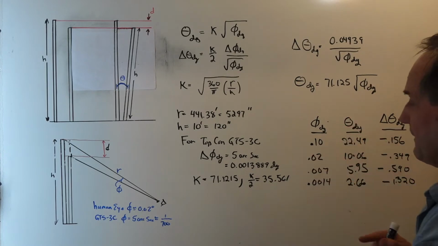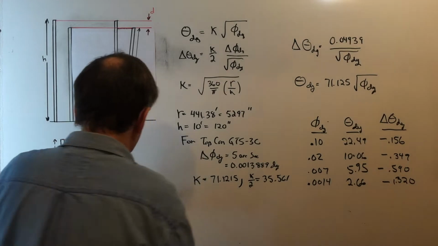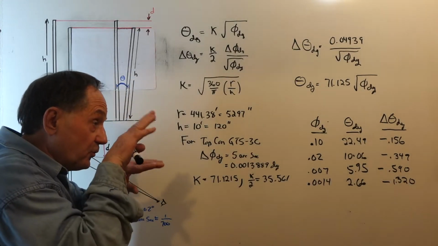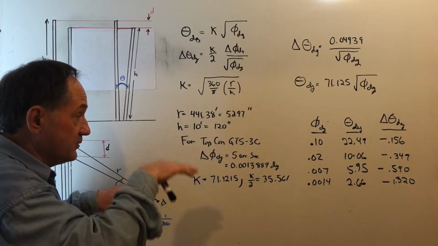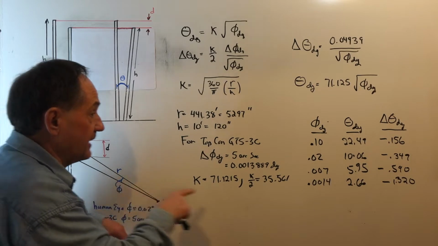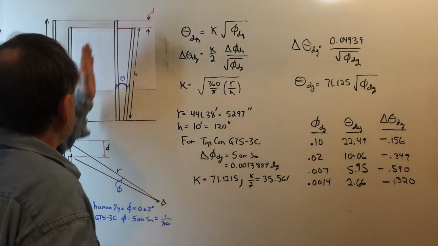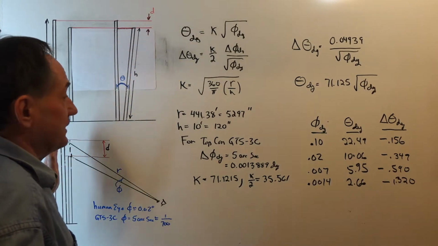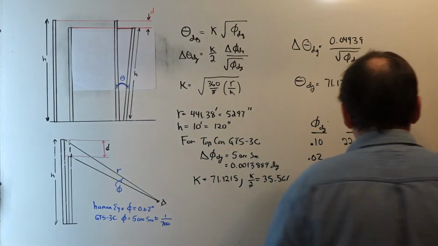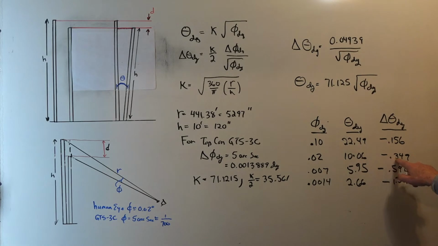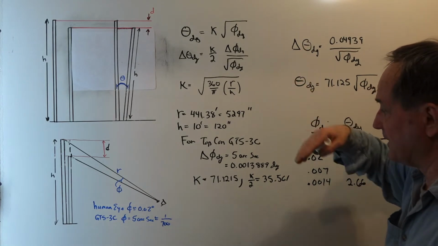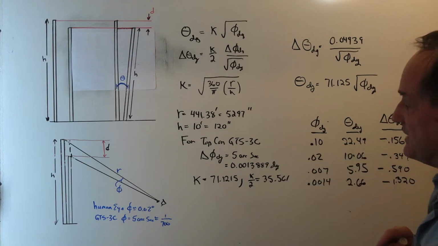Now, if we happen to be measuring with the naked eye, using the resolution of the eye of 0.02 degrees, then the amount of tilt angle that we would have between the poles is 10.06 degrees with 0.349 degree uncertainty, say if we had an uncertainty of 5 arc seconds in our measurement.